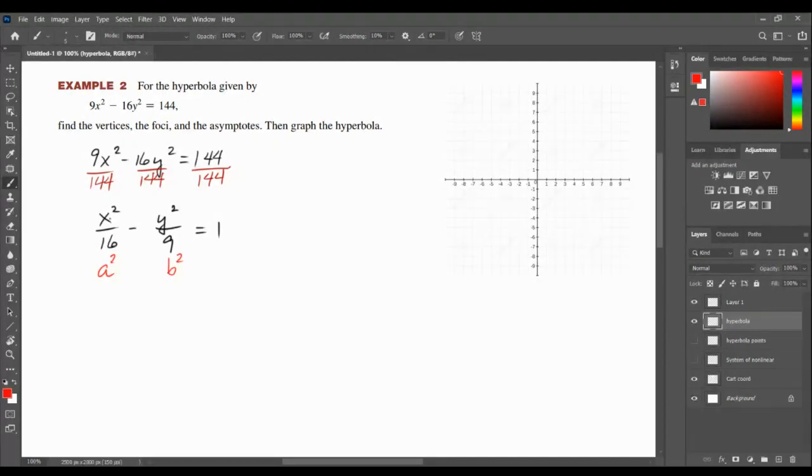So there's nothing subtracted from x, so that tells me h is 0. There's nothing subtracted from y, so that tells me k is 0. If a squared is 16, then a equals 4. If b squared is 9, then b equals 3. Knowing those and that c squared equals a squared plus b squared for a hyperbola, I can plug those in.